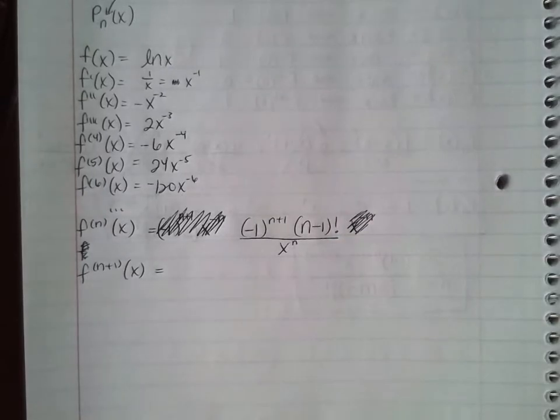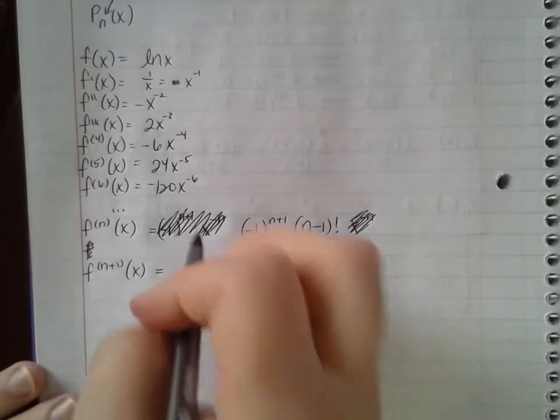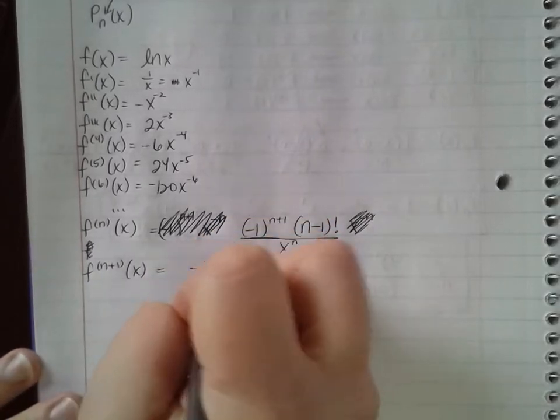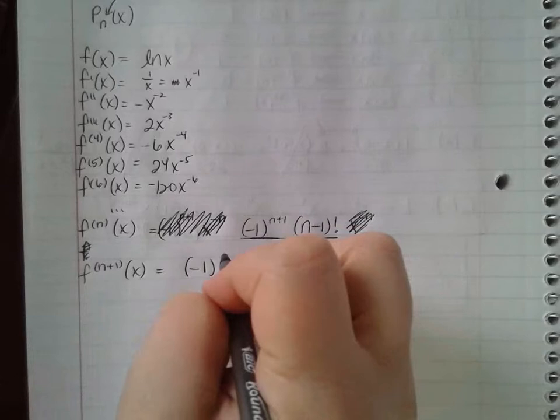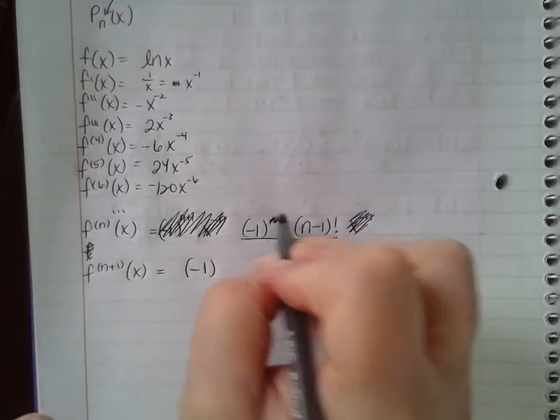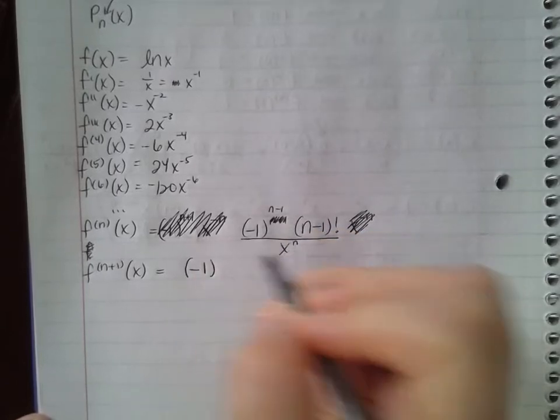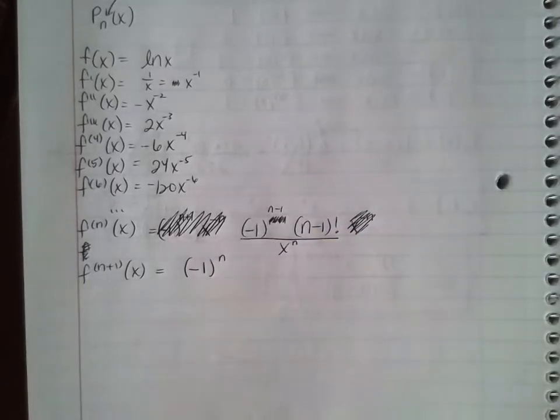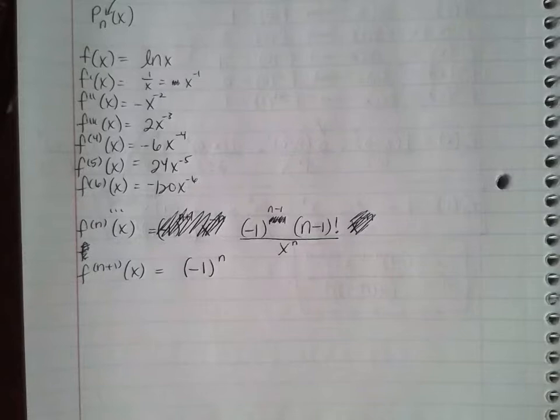All right, so if that's the nth term, then what's going to happen for the n plus 1th term? Well, I can either write negative 1 to the n plus 2, or if I had originally thought of this as n minus 1, then I can make this look a little bit simpler by just saying n. It's 1 away from the 1 that we just did.